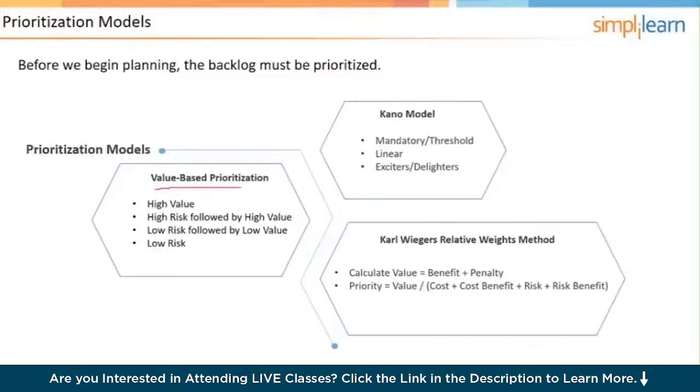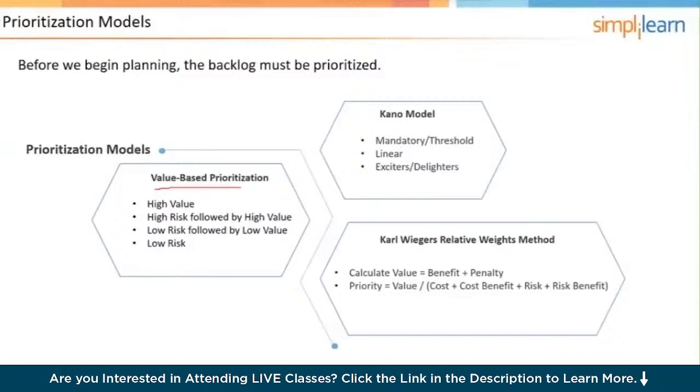And then there's Wiegers' relative weighting method. And this is all using numbers. So each feature is given a value for its benefit, and a value for its penalty, meaning what's the pain if that feature or function is not included.